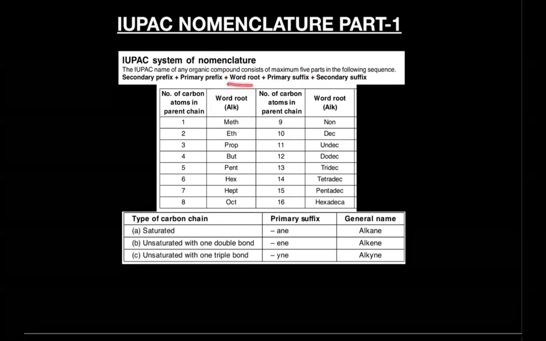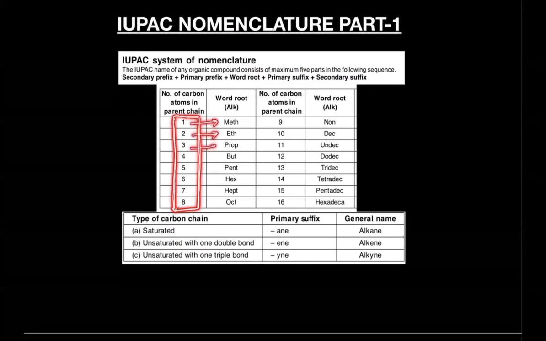So where does the word root originate from, and where do we find the primary prefix? Here is a small table telling you how to identify the word root of a compound. You identify the number of carbon atoms in the parent chain, which is the longest carbon chain. According to the number of carbons, you choose the word.